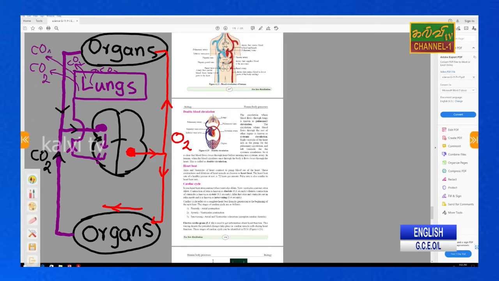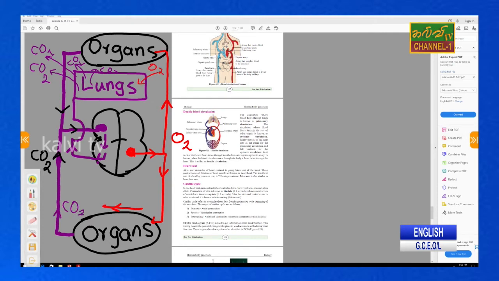Why? In the body, the organs produce carbon dioxide. So that carbon dioxide is released to the heart and is excreted through the lungs.